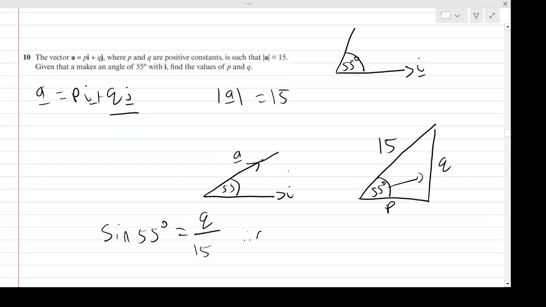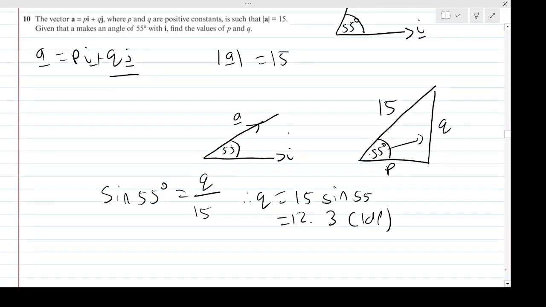So therefore q is going to be 15 sine 55, which is 12.3 to 1 decimal place. Oh no, sorry, not degrees, just 12.3, no degrees, to 1 decimal place. There we are.